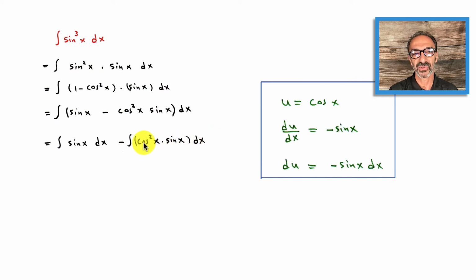We're going to call cosine x u. du dx, differentiating u with respect to x, will give me minus sine x. If I cross multiply, I get du by itself, minus sine x dx. So the minus sine x dx will be du. So I could take the minus inside next to the sine x.